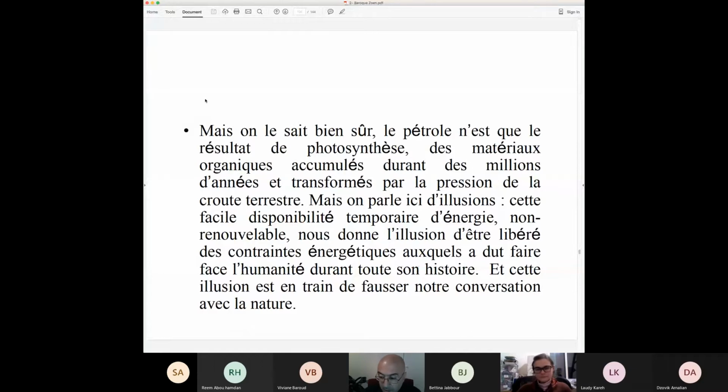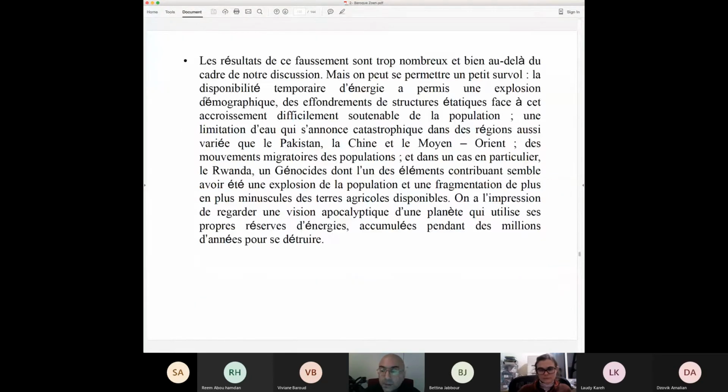And of course, there are consequences to this. Well, what are these consequences? In a sense, what it is doing is deregulating our relationship to the environment.